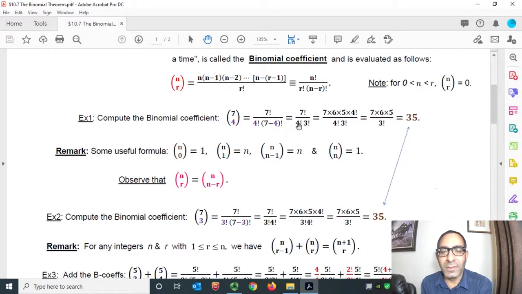In the next step, in the numerator 7 factorial as it is, and in the denominator 4 factorial as it is, and 7 minus 4 is 3 factorial.